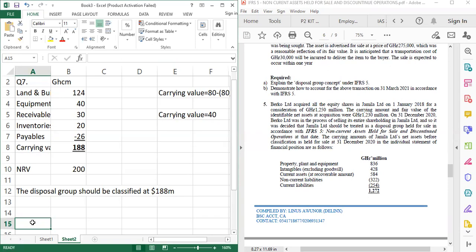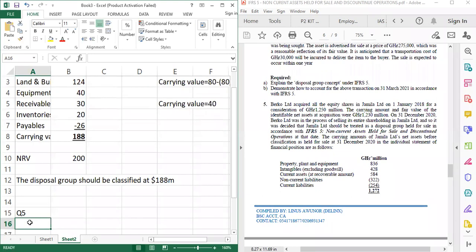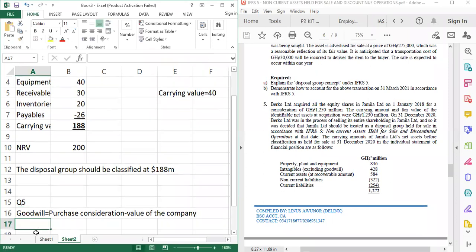So in question 5, they are paying for goodwill, so we have to calculate the goodwill on that date. Goodwill is equal to the purchase consideration, the amount that you are paying, minus the value of the company, or the net assets.